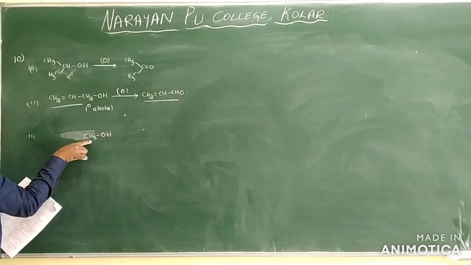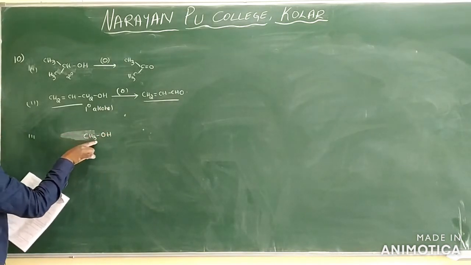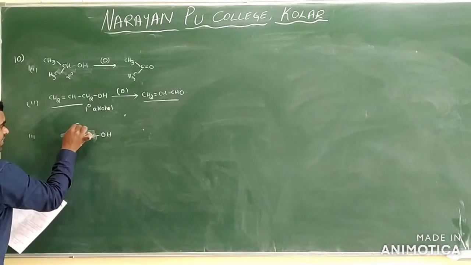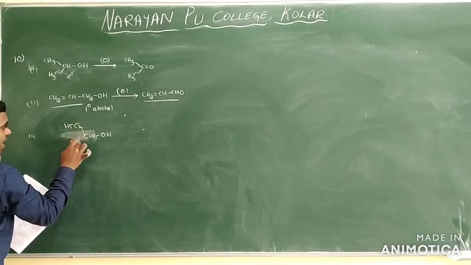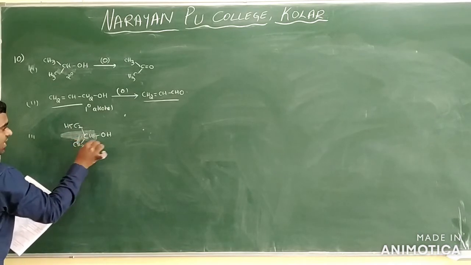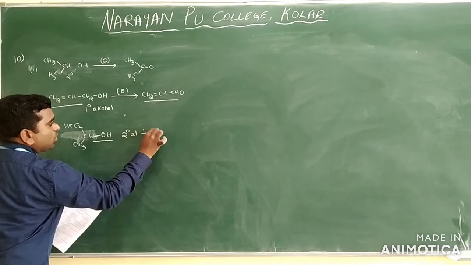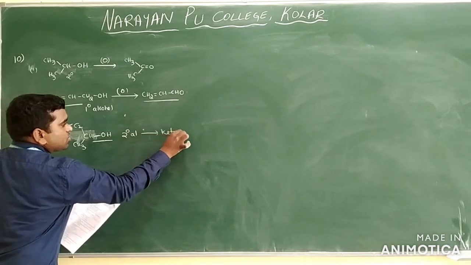Ethyl methyl means one hydrogen is replaced by ethyl C2H5, and another is replaced by methyl. It is also a secondary alcohol. Secondary alcohol gives what? Ketones.